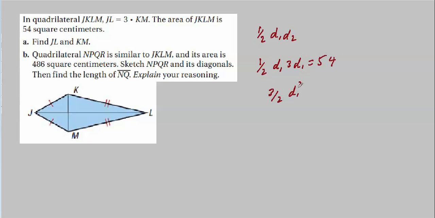I'm using this km for d1. This here I would call d2. Well, that equals 54. So we just have d1 equals 2/3 of 54, and the square root of all that.